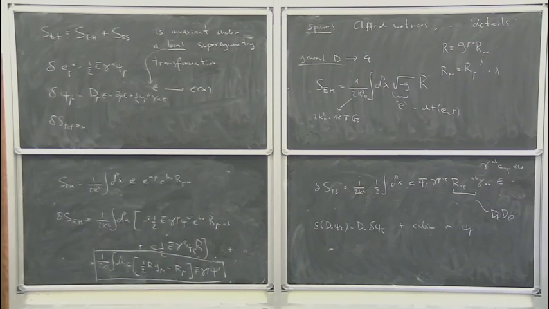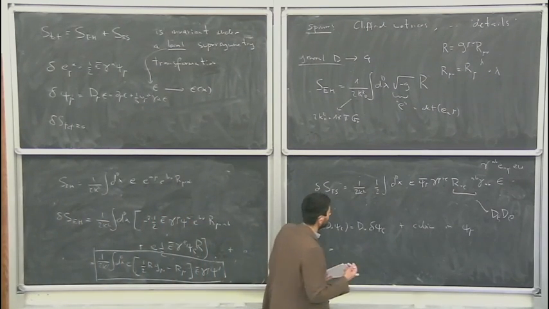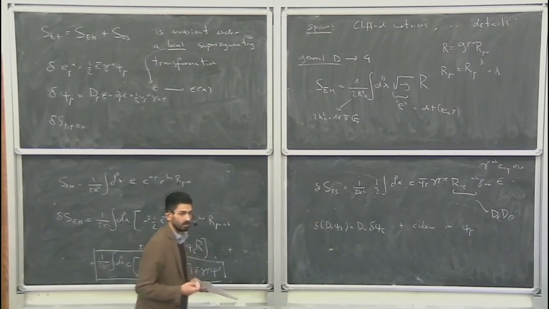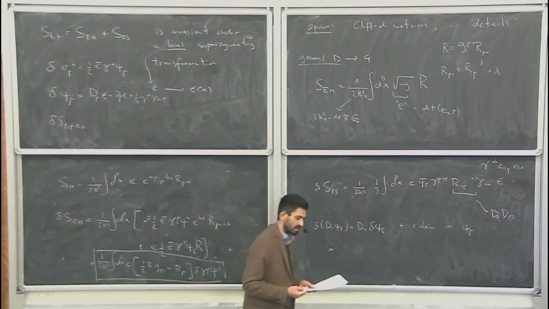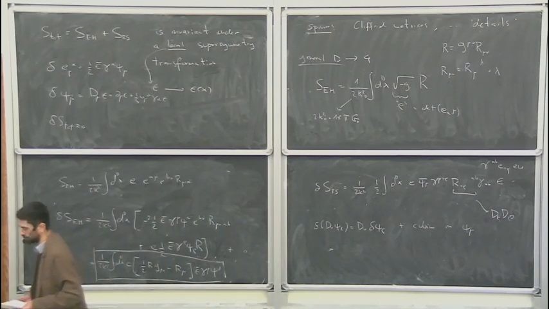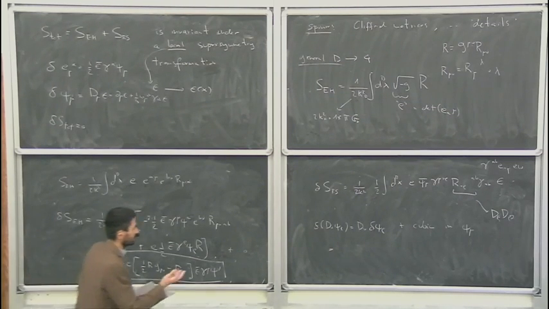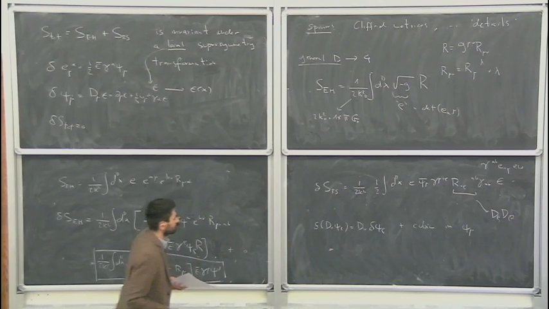However, if you really want an action to be fully supersymmetric, not just approximately supersymmetric, then you need to know whether it's possible to make it completely supersymmetric. And the answer to this question turns out to depend on the number of dimensions and also the details of which representation you are using, which kind of conditions you are imposing on your fermionic fields, and so on.